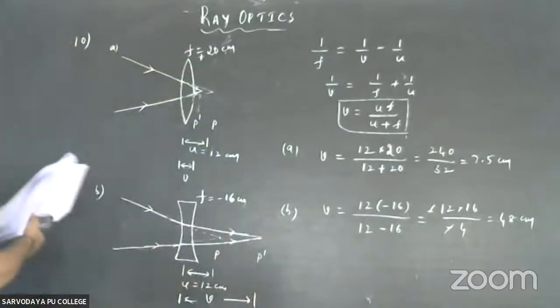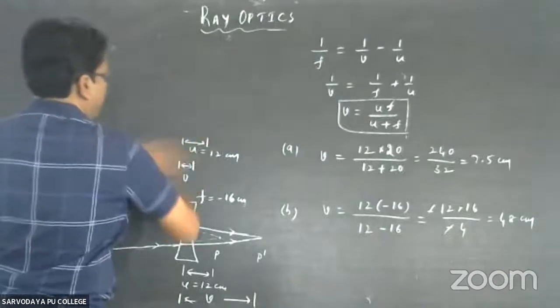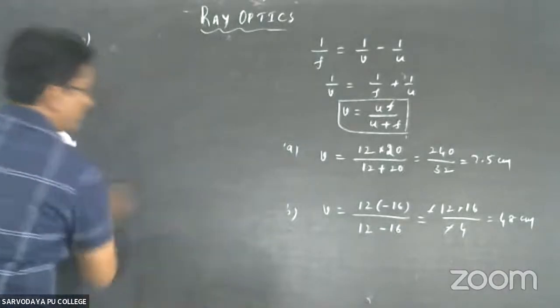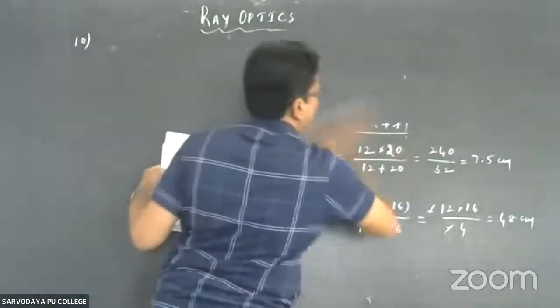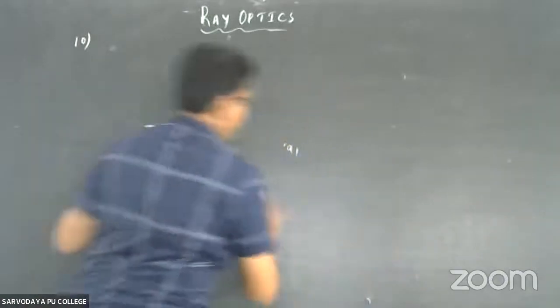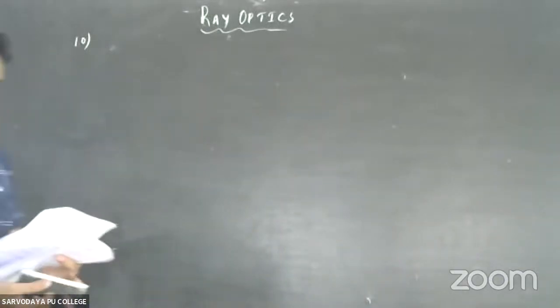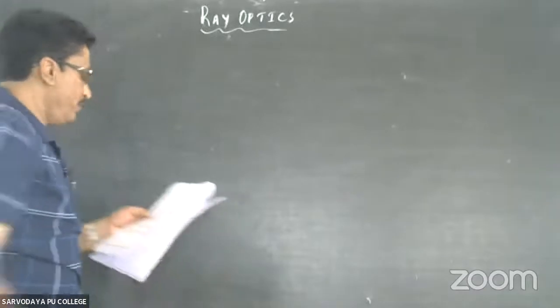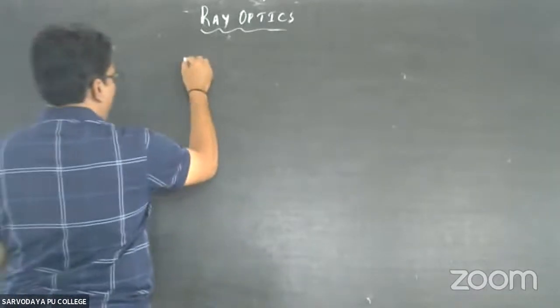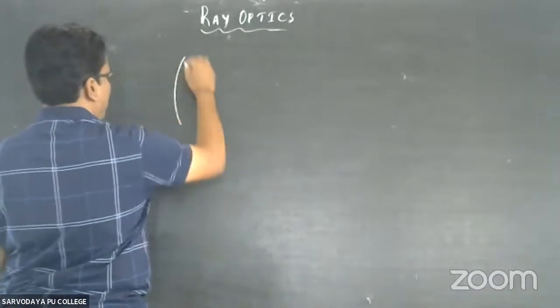Okay, let us try to represent the problem diagram. The radii of curvature of two surfaces of a convex lens. It is a convex lens.